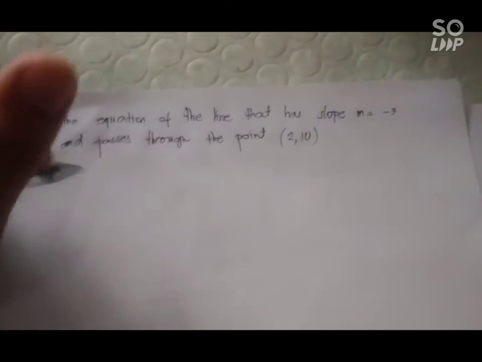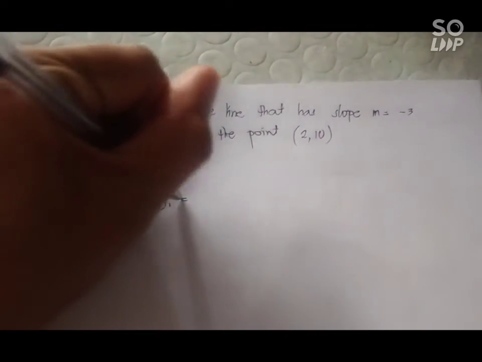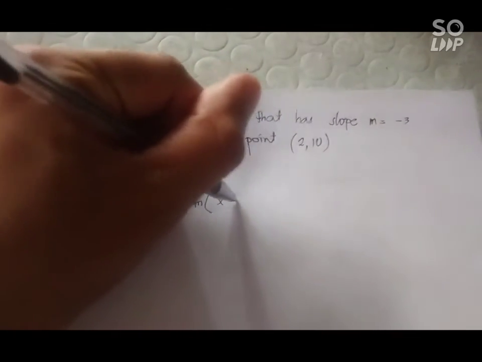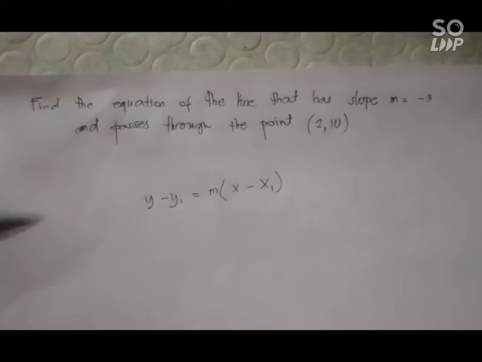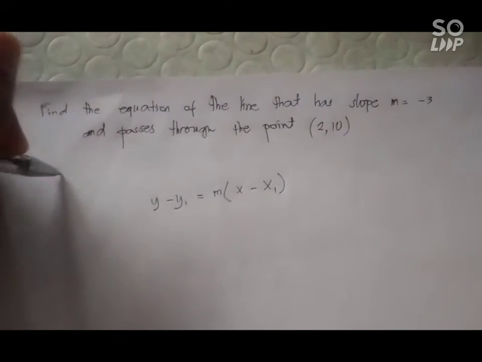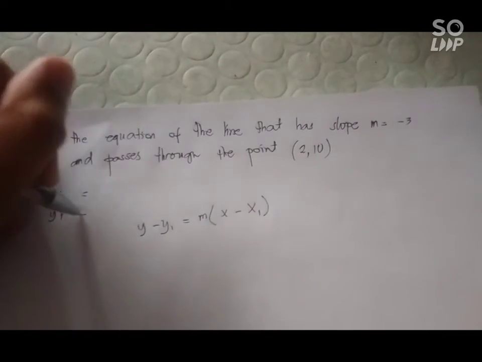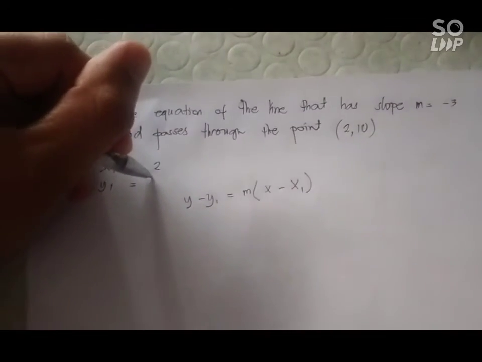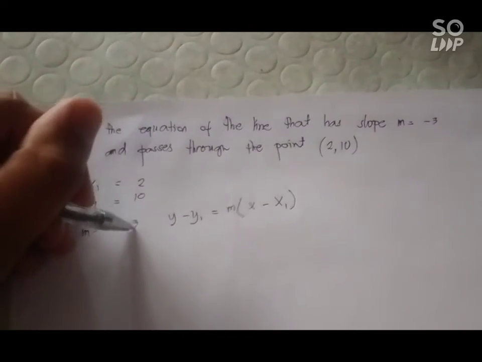Sige. So y equals y1 plus m times x minus x1. So ang atong x1 y1 equals 2 10. So ang m na to was negative 3.